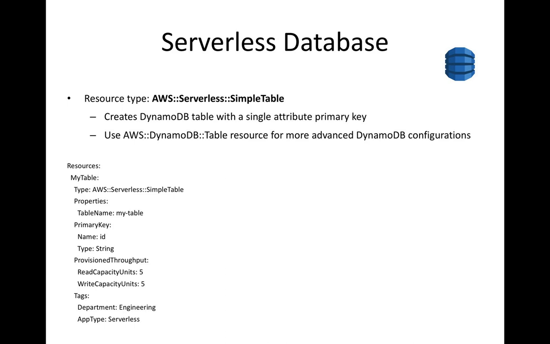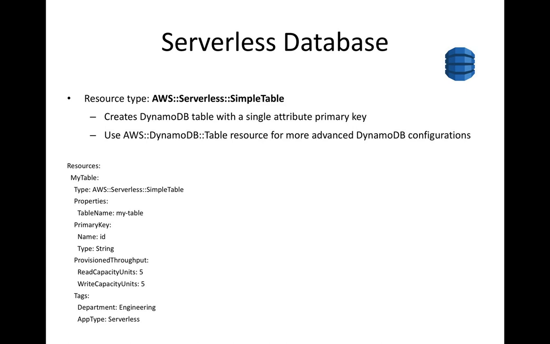Another resource that we can set up within a SAM template is a DynamoDB table. And this is called a simple table. You can set up DynamoDB tables using CloudFormation, and if you need to set up more complicated tables, you'd want to use the traditional CloudFormation DynamoDB table resource.